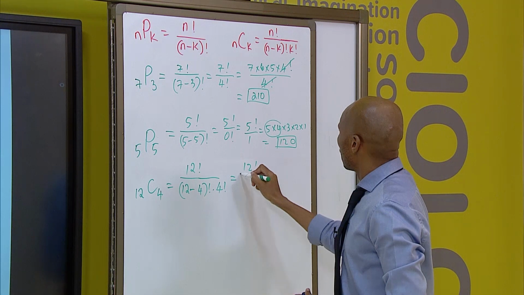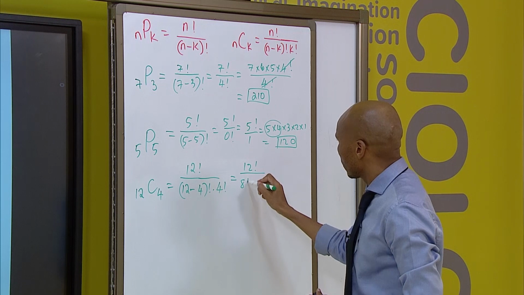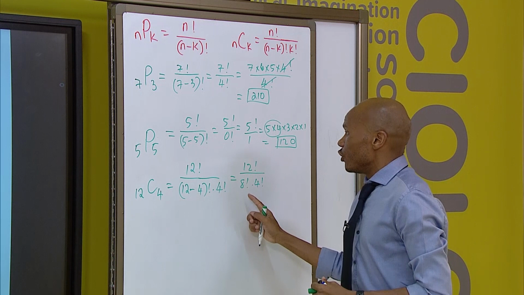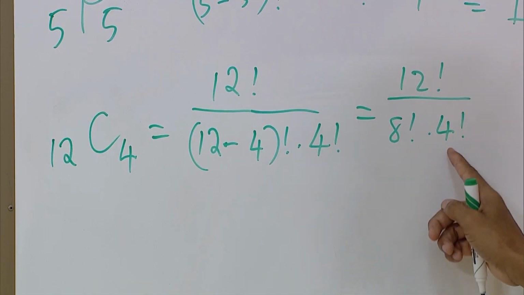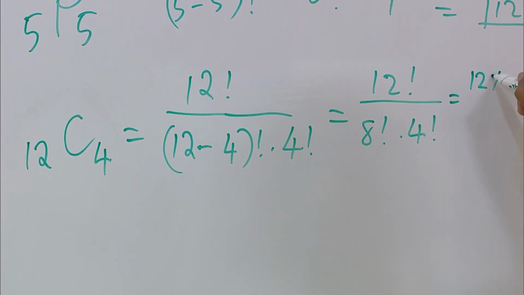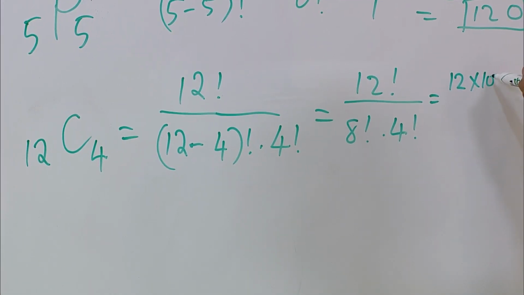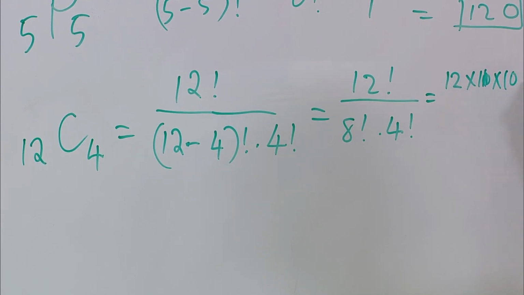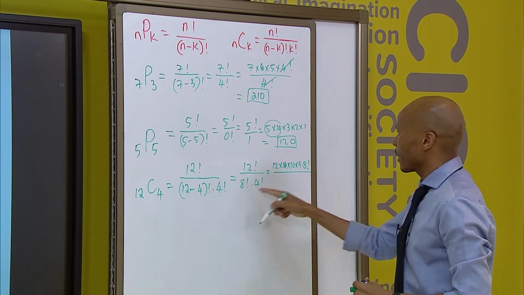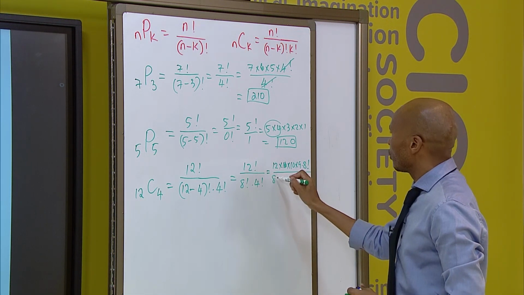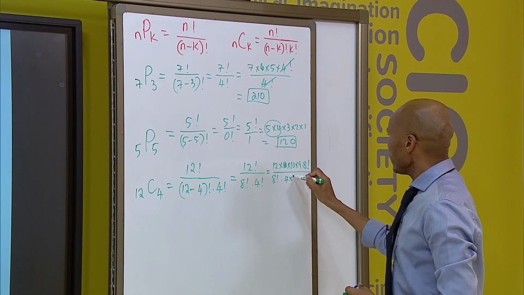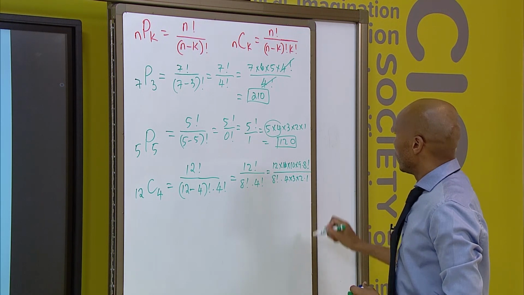So that will be 12 factorial over 8 factorial multiplied by 4 factorial. You don't multiply 8 times 4. No, you don't do that. Okay? So that will be 12 times 11 times 10 times 9 times 8 factorial. Why am I saying 8 factorial? Because I want it to cancel with that. So you're going to have 8 factorial times 4 times 3 times 2 times 1.